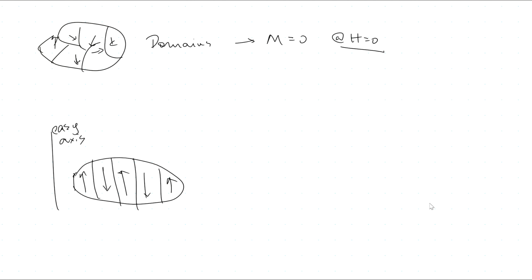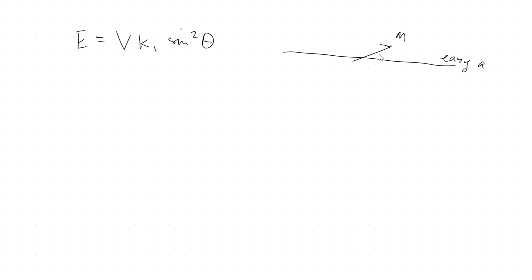Okay, now if you look at the magnetization, if you drop the higher order terms, we can write that energy is equal to volume of the material K1 sine square theta. Now, what theta is: if this is our easy axis, and this is the magnetization M, then that would be our theta.